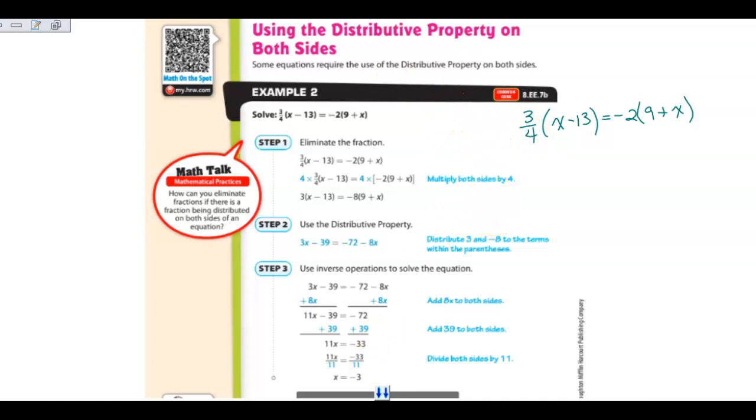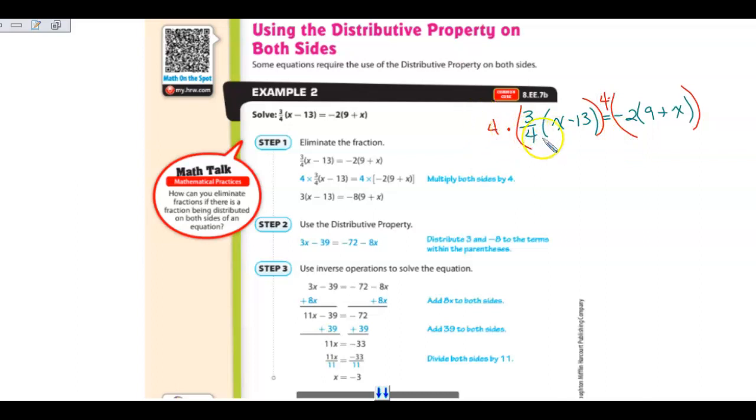So the first thing we're going to do is take our 4 times our 3/4, which is this whole thing here, and then we're also going to multiply 4 times everything here.